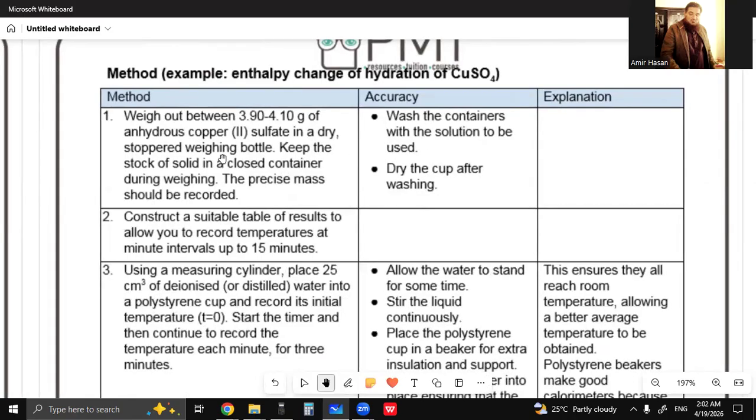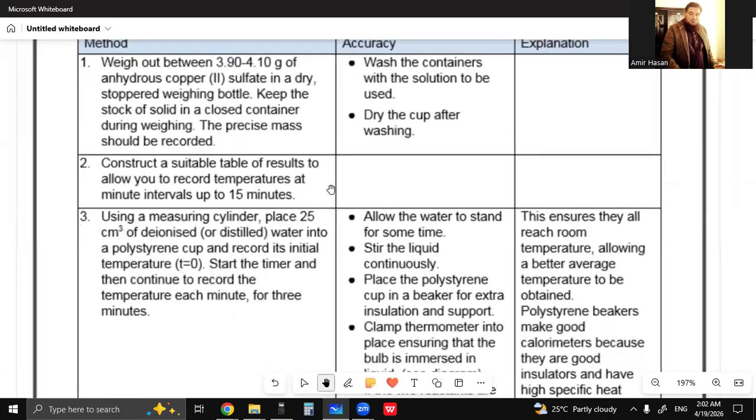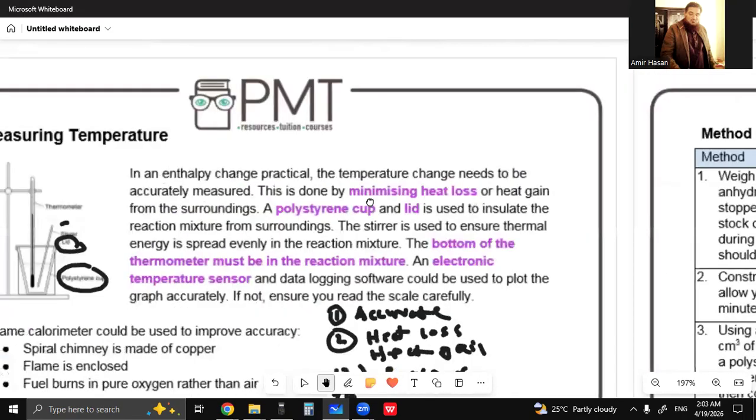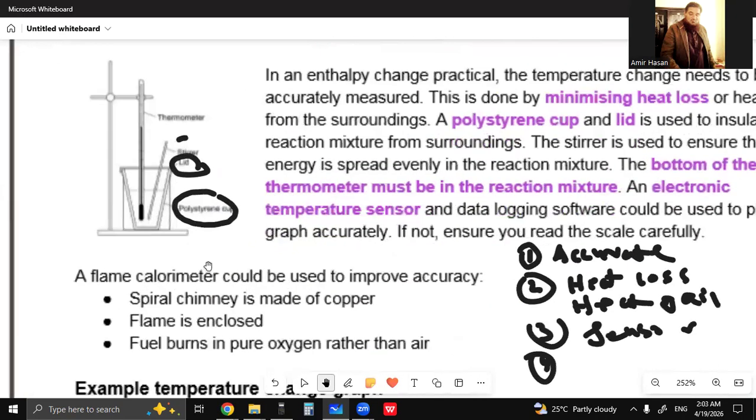First we weigh it, then wash the container, then we prepare a solution of the copper sulfate. Use the measuring cylinder, place 25 cubic centimeters of water. In the water, we put the copper sulfate and record the initial temperature, then start the time and continue to record the temperature. After 15 minutes, we record the temperature.